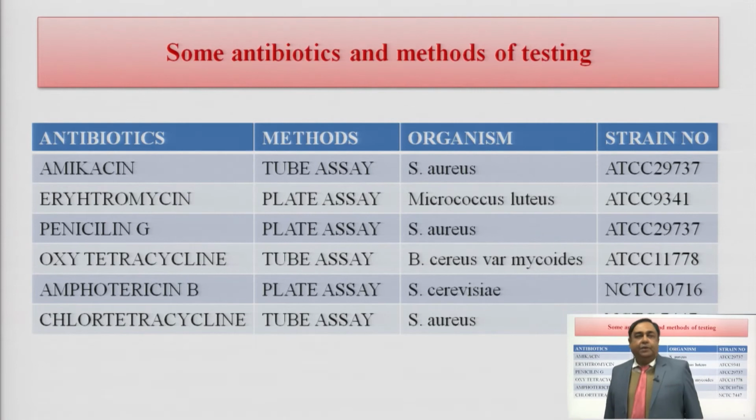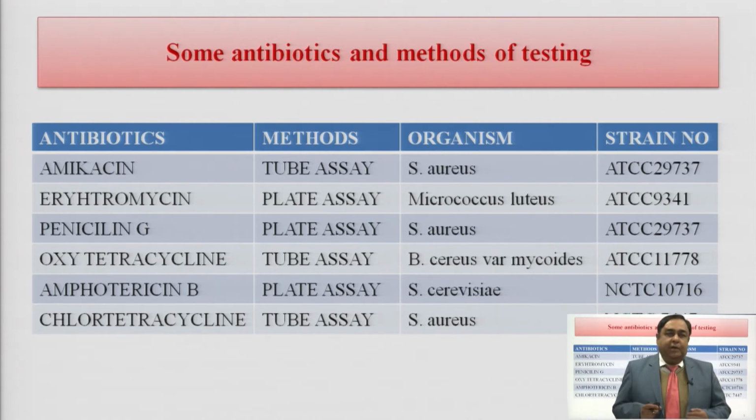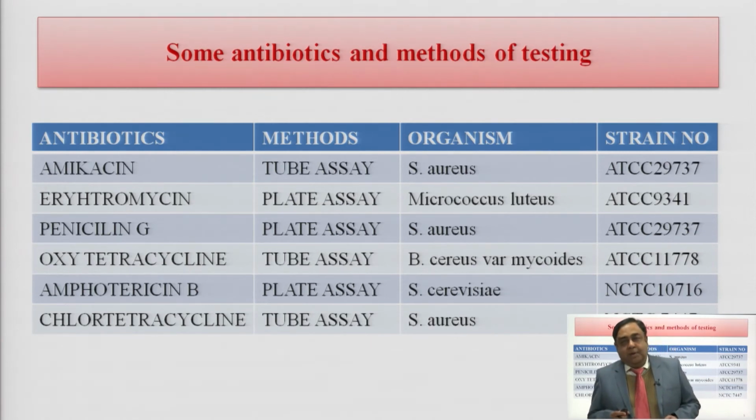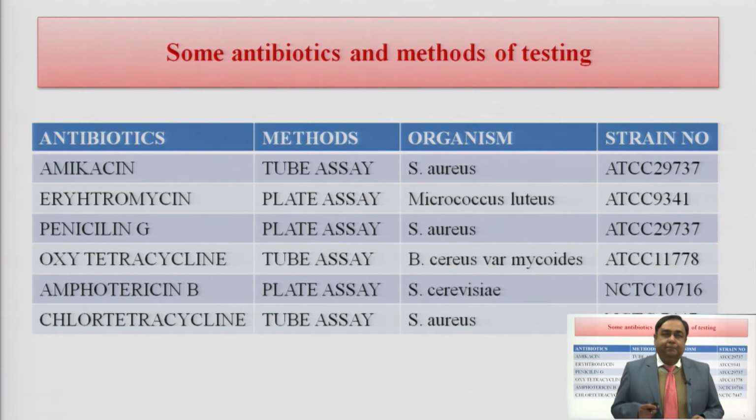Now, we are starting with, as I have told you, that this antibiotic assay can be carried out either by Turbidimetric method, common another name is tube dilution, or by couplet method. Now, this particular table shows you the list of antibiotics along with the methods which are recommended as per Indian Pharmacopoeia.